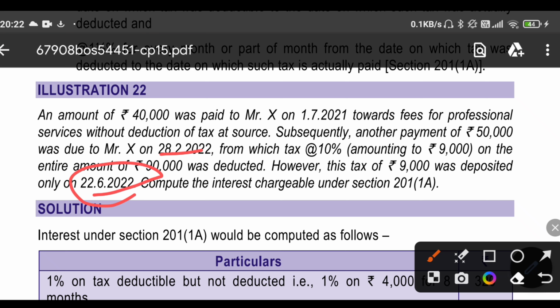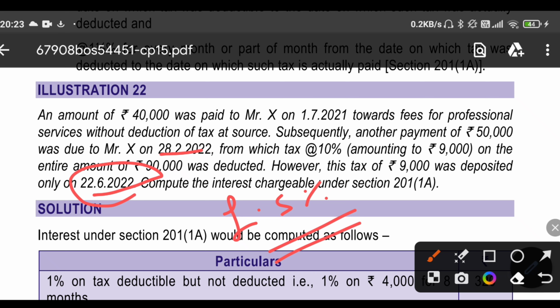Okay, because it is deposited on 22 June, so total 4-month delay. So there is an interest of 1.5%, from the month in which it should be deposited to the month it is actually deposited, right?